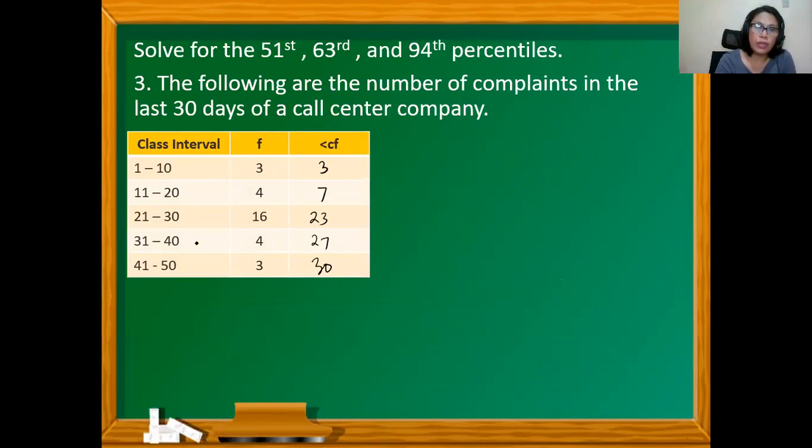So let's begin with P sub 51. For P sub 51, K is 51 multiplied by the class size, which is 30, divided by 100. And then for P sub 63, K equals 63, multiplied again by the class size 30, divided by 100. And lastly, for P sub 94, K is 94 multiplied by N, which is 30, divided by 100.